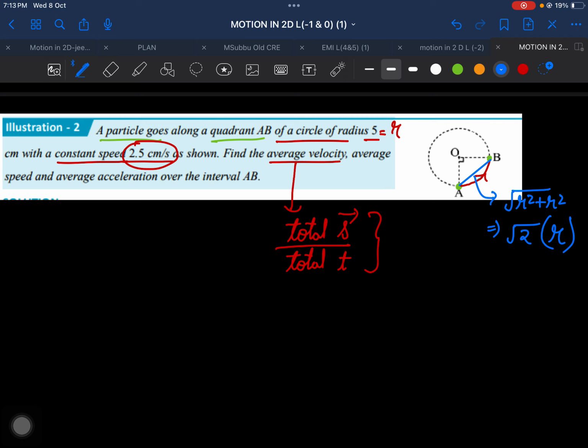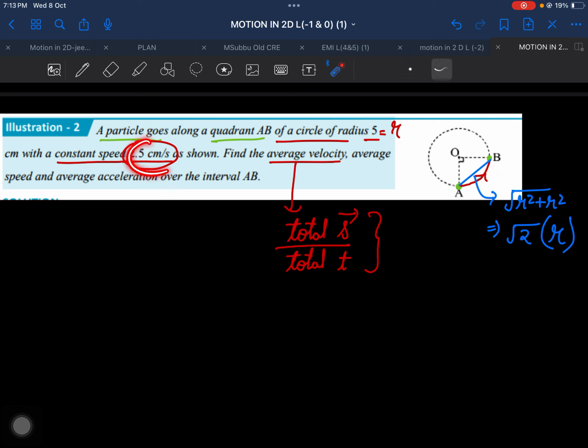And what is the time taken when the particle is moving in this quadrant from here to here? The time can be calculated from the speed, which is given to you.